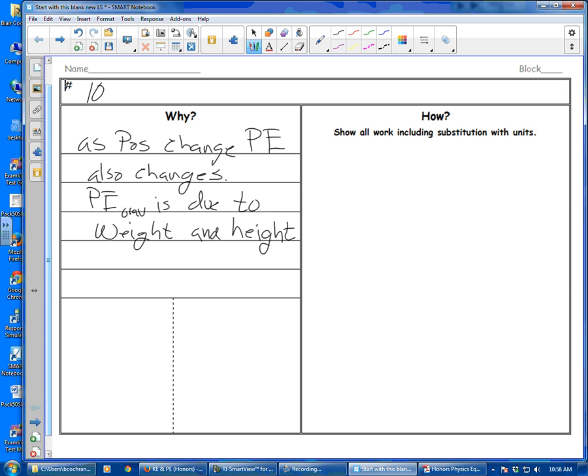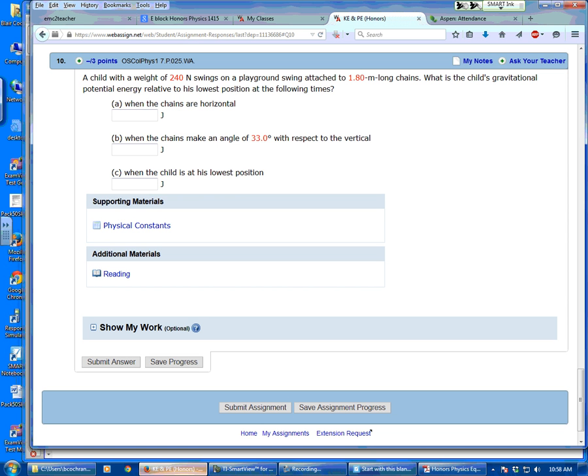So that's showing you understand that it's gravitational potential we're looking at. The other part is showing that you understand that it's the position of the child that's changing, that's what's causing the change in this amount of energy.